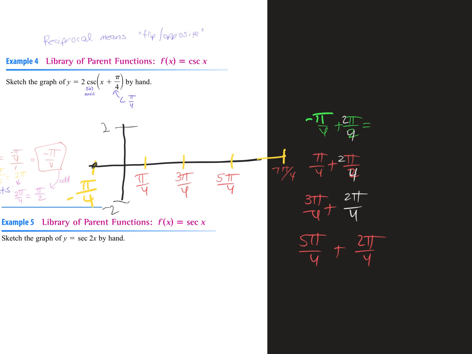It's going to go from negative pi over 4 up here, come down, hit the x-axis again, down to the bottom amplitude, and come back to the x-axis. So the way that you draw your cosecant curve is you use the points that are at the x-axis on the original curve as the little boundary lines.